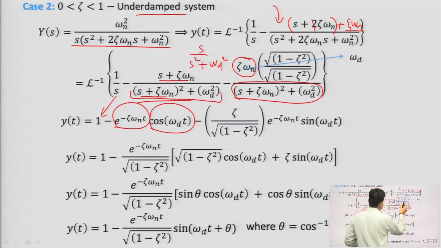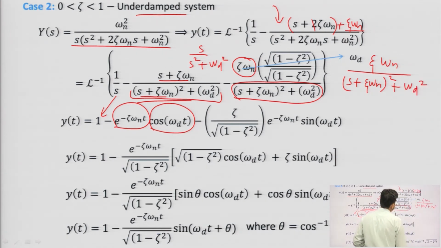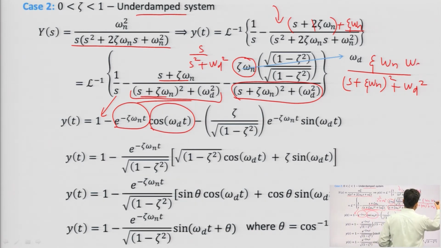In the same way, we would like to write the Laplace inverse of this term. Okay. So, it is basically zeta omega n over s plus zeta omega n whole square plus omega d square, right. Now I have to take the Laplace inverse, which means omega d should come in the numerator.